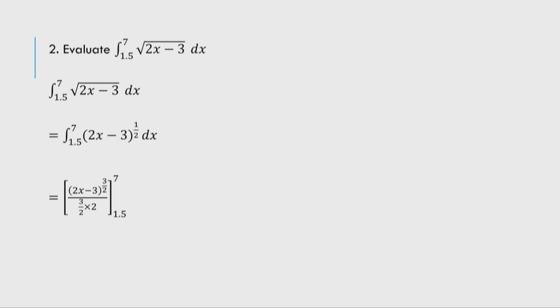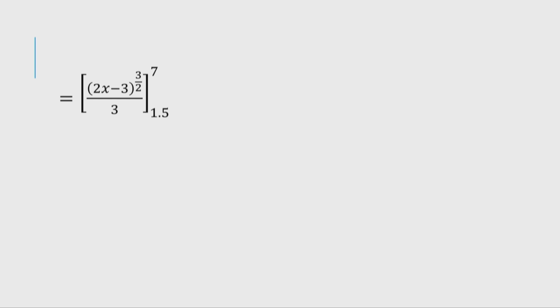Integrating the function, we get 2x minus 3 to the power of 3 over 2 divided by the power 3 over 2 multiplied by 2, where 2 is the differentiation of the bracket between the limits 1.5 and 7. Simplifying this, we get 2x minus 3 to the power of 3 over 2 over 3 between the limits 1.5 to 7.